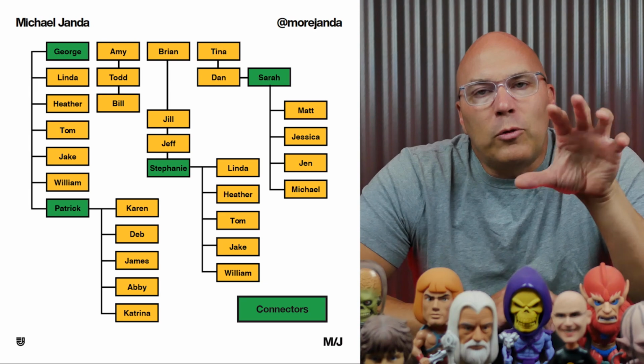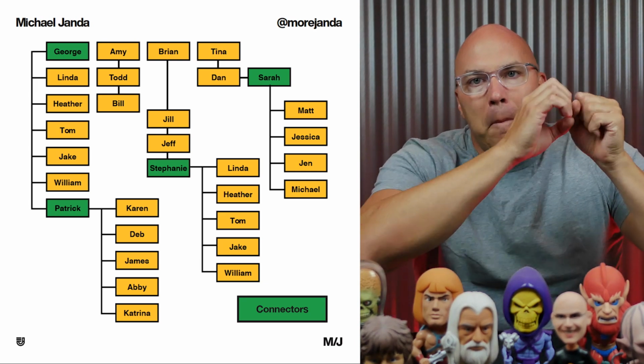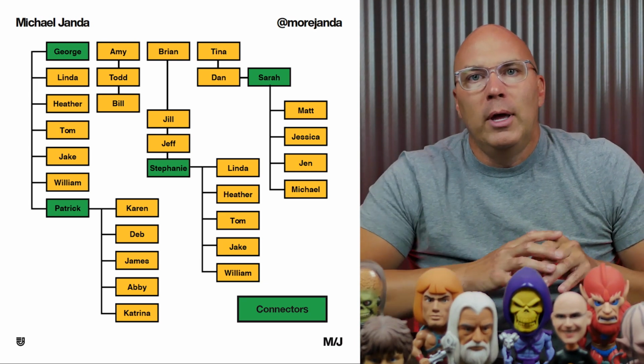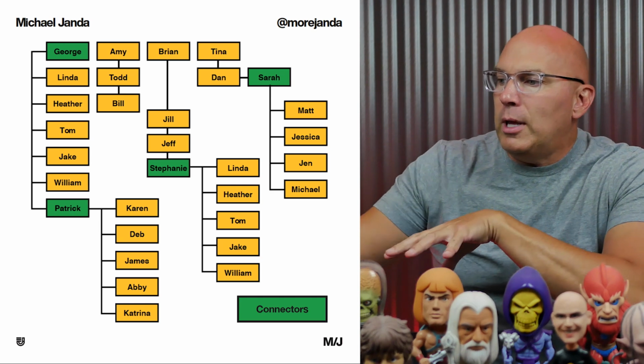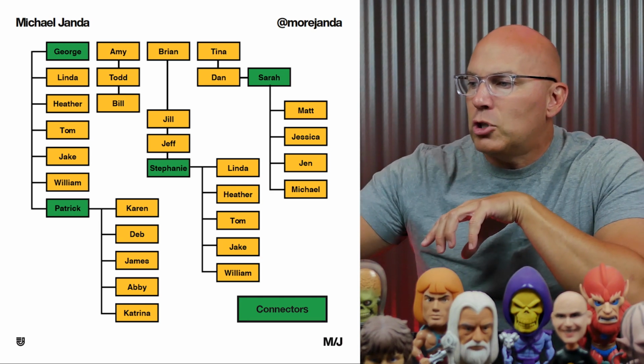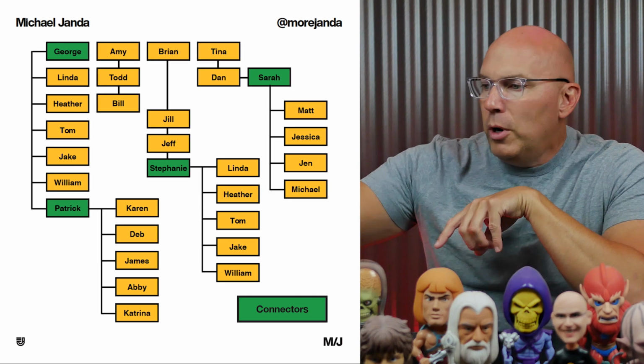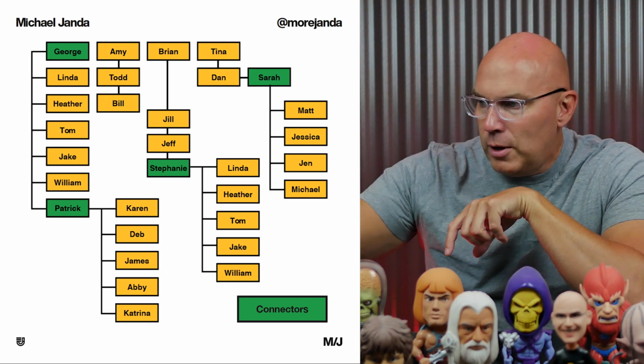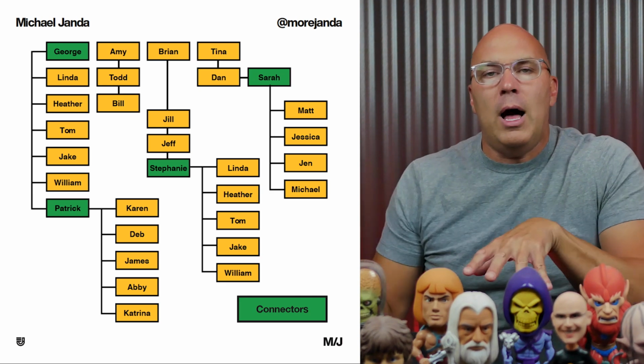And what started to become apparent to me was this epiphany, that some of the clients were responsible for many referrals. There were certain people, like you can see here in this chart, George referred us to 6 different clients.